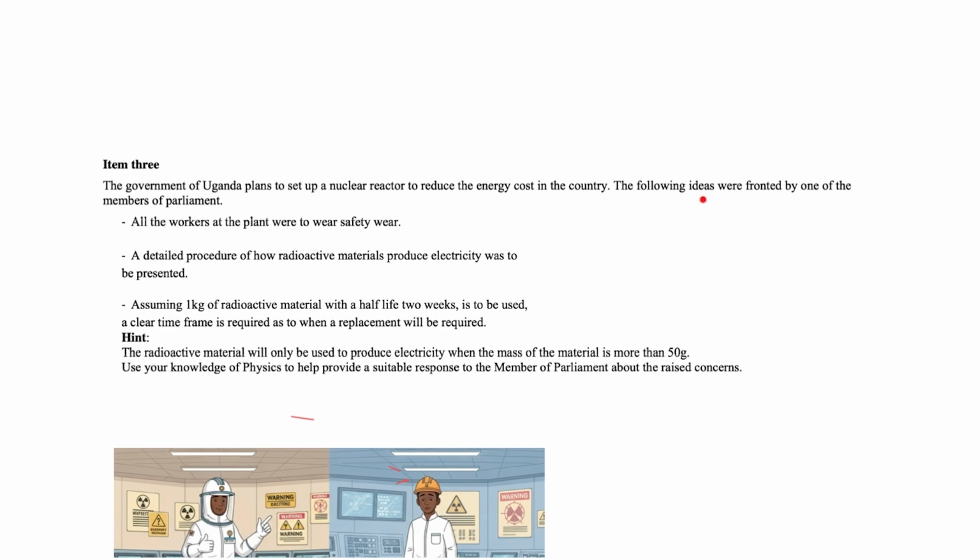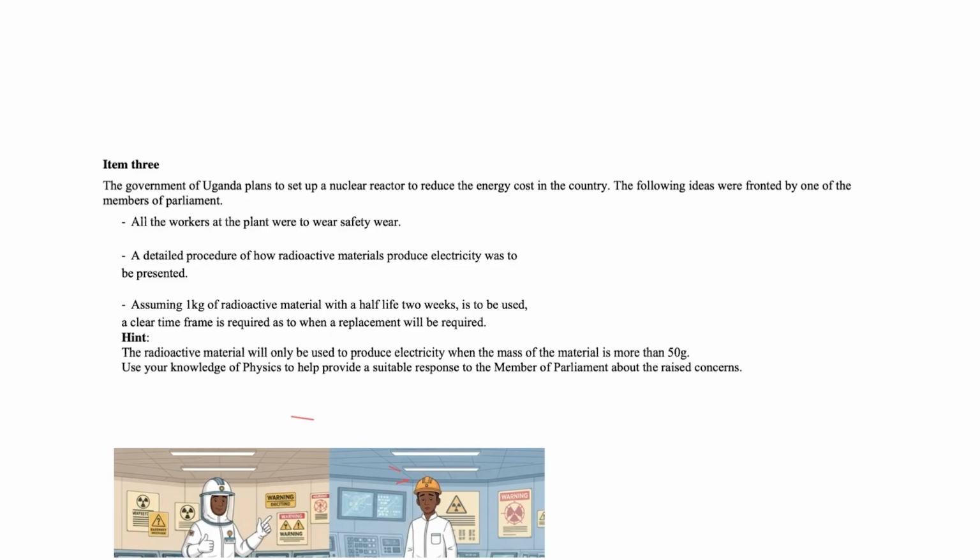The following ideas were fronted by one of the members of parliament. 1, all the workers at the plant were to wear safety wear. 2, a detailed procedure on how radioactive materials produce electricity was to be presented, and 3, assuming 1 kilogram of radioactive material with half-life of 2 weeks is to be used, a clear time frame is required as to when a replacement will be required.